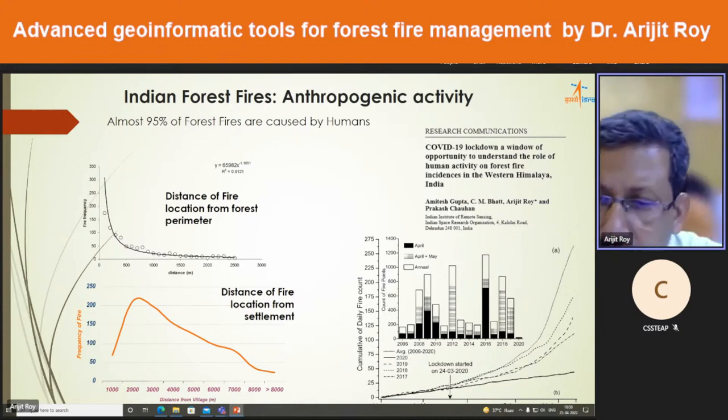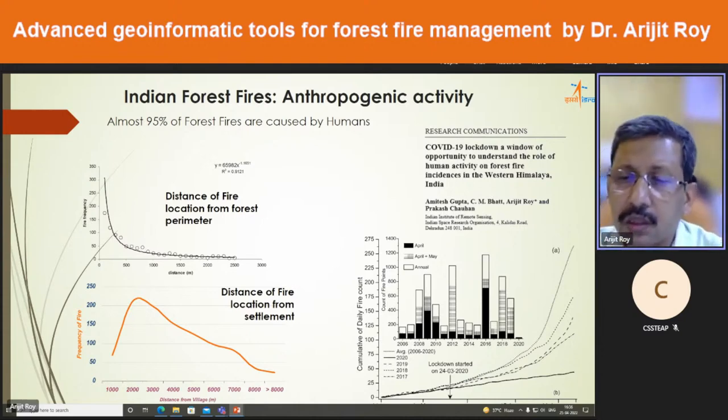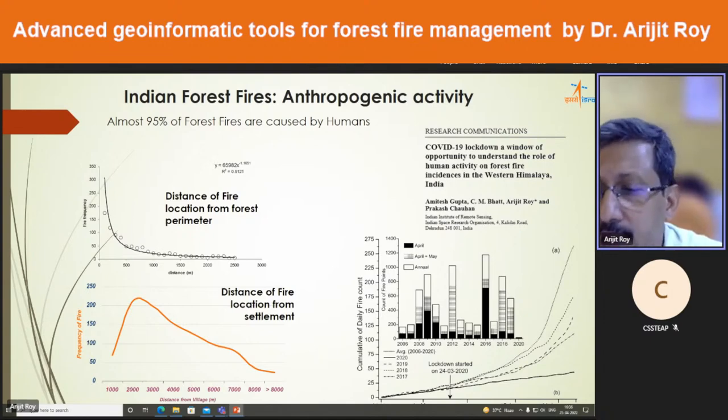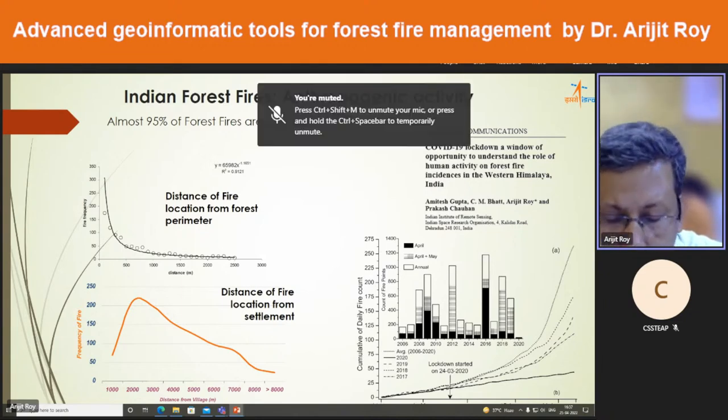Because during this period, the subsistence activities like grazing, fuelwood collection, and other farming activities continued. So there was no stoppage in those activities of the humans. It is basically that no vehicular traffic was in this region and no tourism.